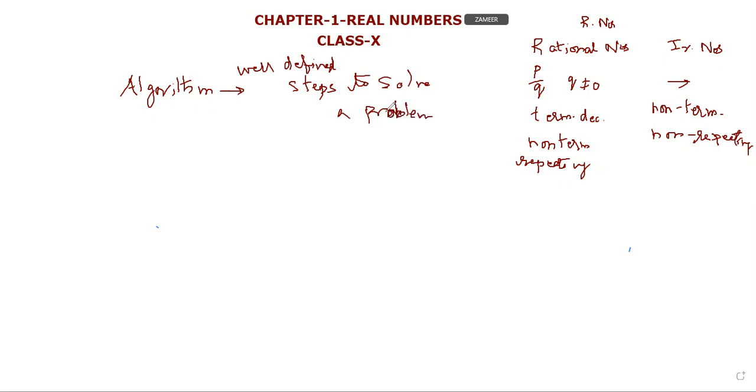So you must be knowing algorithm. A lemma is a proven statement. No need to prove that. A lemma is a proven statement used for proving another statement.